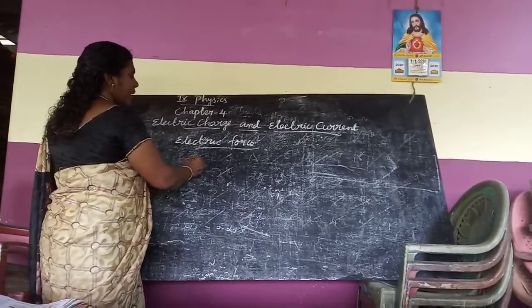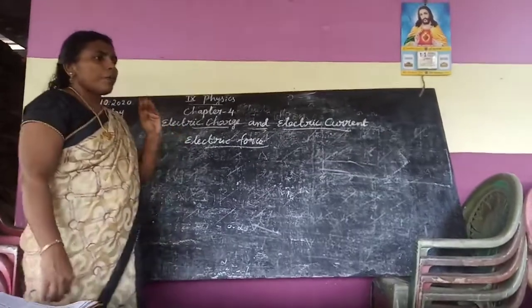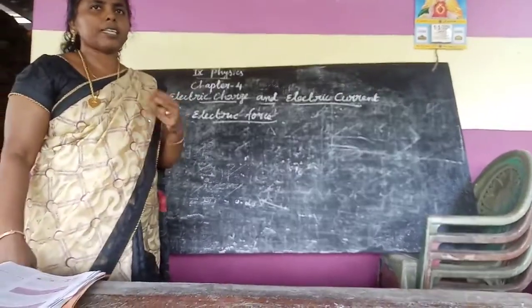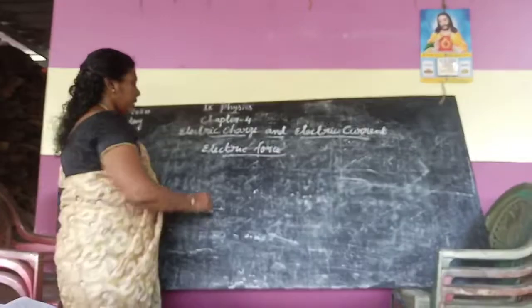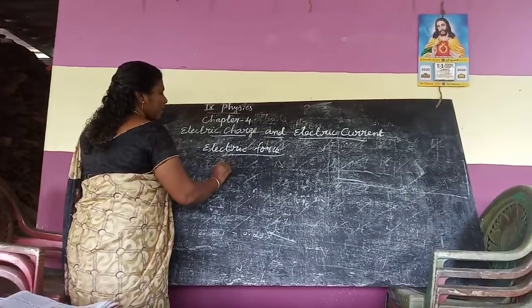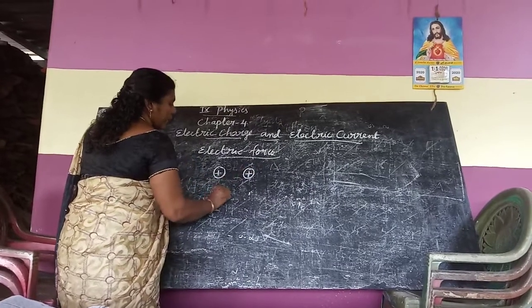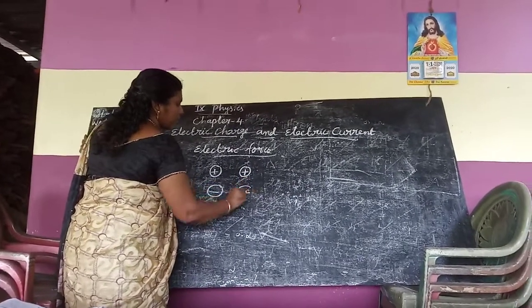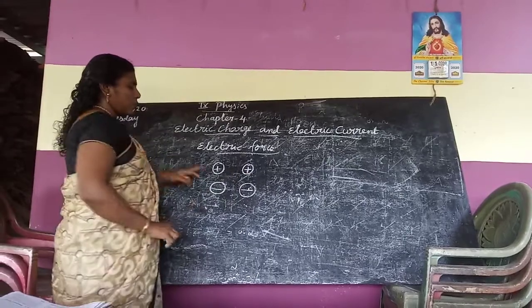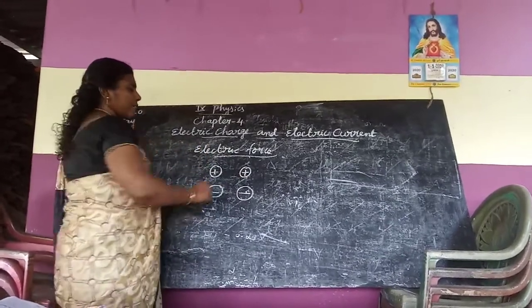See, you all know like charges. Like charges means positive charge and positive charge, or negative charge and negative charge. That we call like charges. So here positive charge, here also positive charge; here negative charge and negative charge. Same charges, no? So we say like charges.